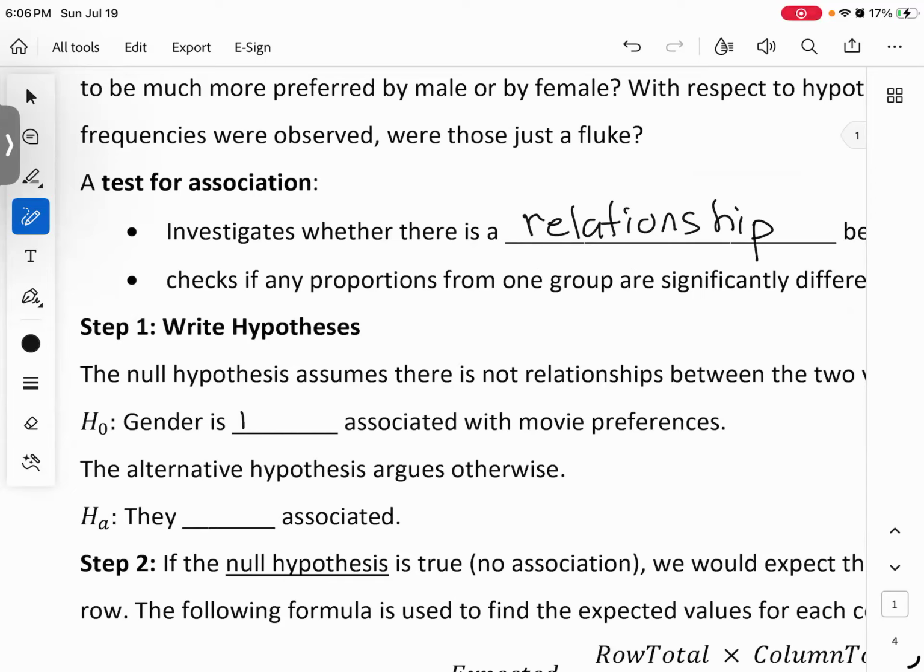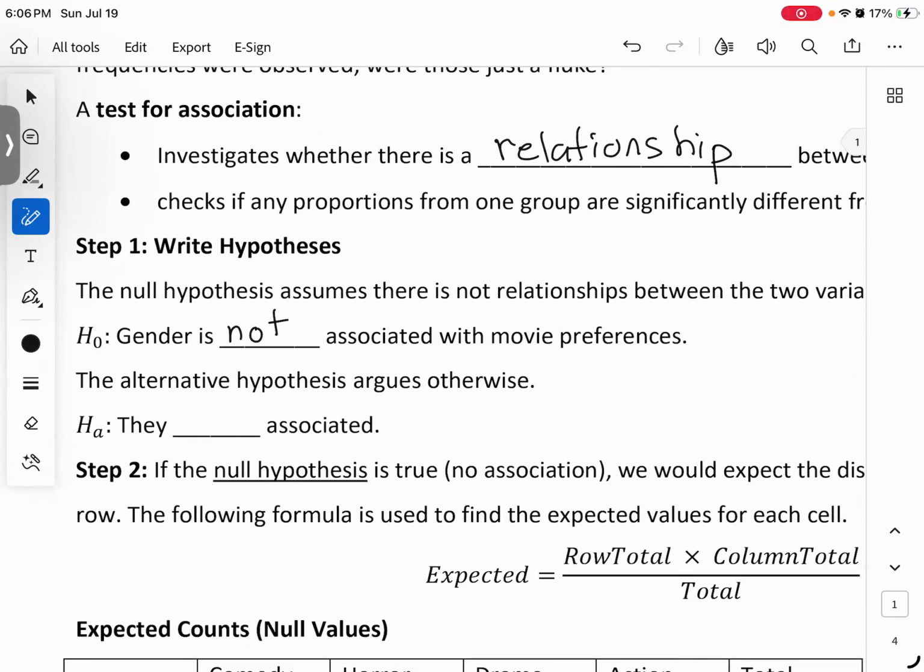In other words, gender is not associated with movie preferences. Male and female are going to like everything about the same, an even split. For the alternative, it's going to say that those two variables are associated, meaning there is going to be some proportion for one of the groups that's higher than the other group for maybe one of the options of movie.